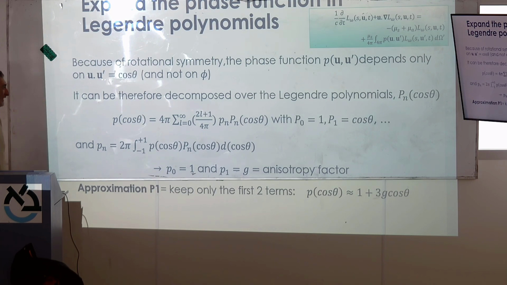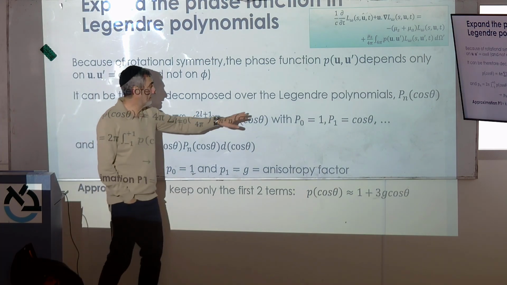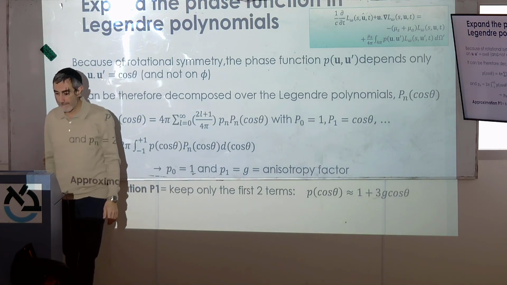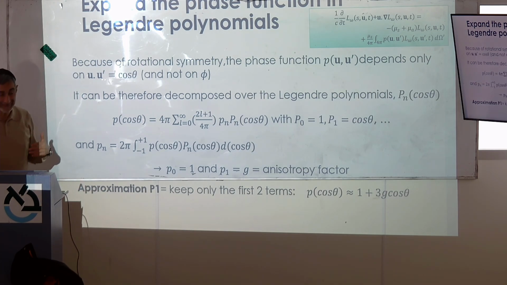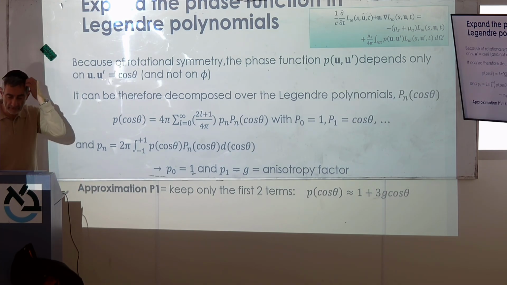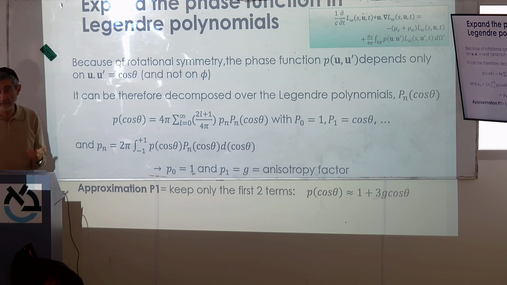This is typical: when you have an axisymmetric system and you want to decompose it over the spherical harmonics, you need only the spherical harmonics with M equals 0.